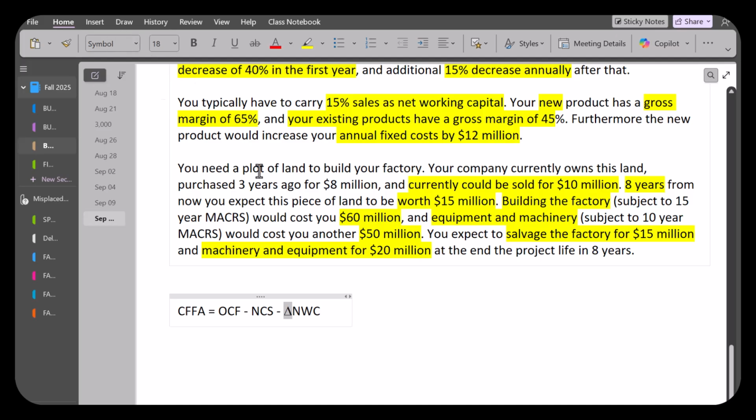All right. Let's start with the simple stuff. Net capital spending. This is spending you would make on long-term assets, things like factory, land, equipment.